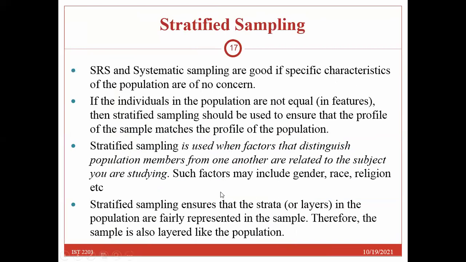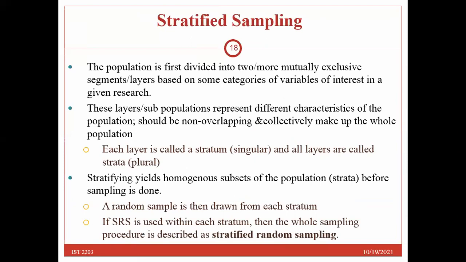Stratified sampling ensures that the strata or layers in the population are fairly represented in the sample. Therefore, the sample is also layered like the population. So in stratified sampling, the population is first divided into two or more mutually exclusive segments or layers based on some criteria or variables of interest.